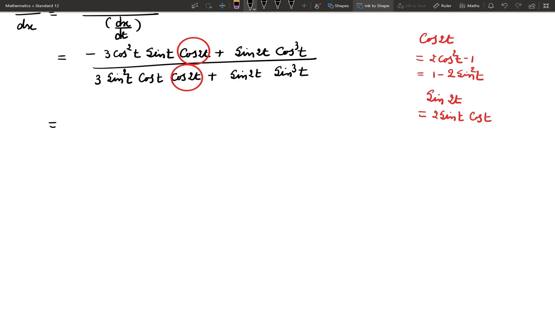So this is minus 3 cos square t sin t cos 2t.